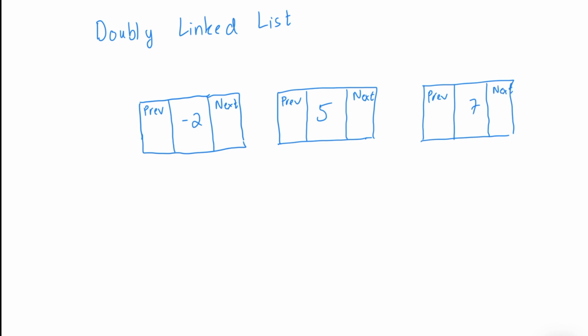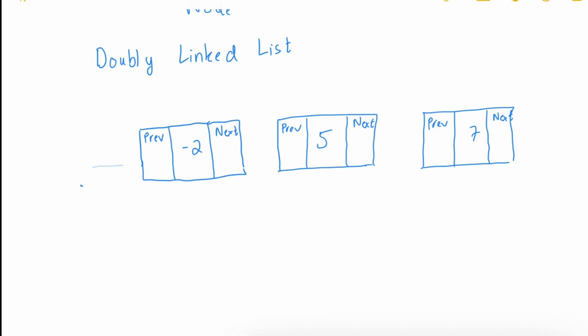So we're going to start with a head as always. Okay, that's actually not going to go to prev. That's going to help us access the first information field right there. And that's going to be the head. Now, the next pointer in this particular node is going to access the information field on the next node, and so forth.